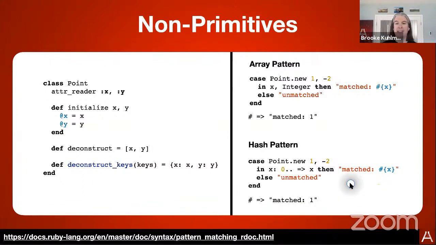So I'm kind of sneaking something in that we haven't talked about yet, but being able to use ranges like beginless ranges, endless ranges, those totally work in pattern matching as well, which is another superpower that we have. And again, the reason this works is because when the Ruby parser goes through and parses your class, it says, oh, look, I have a point type, custom type. And by the way, it has a deconstruct keys method. And so if I deconstruct this, I can totally figure out how to do a pattern match on it.